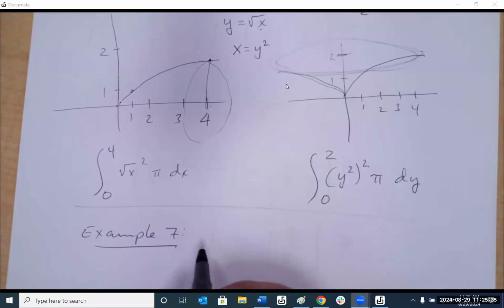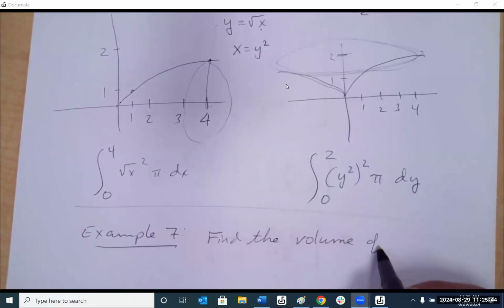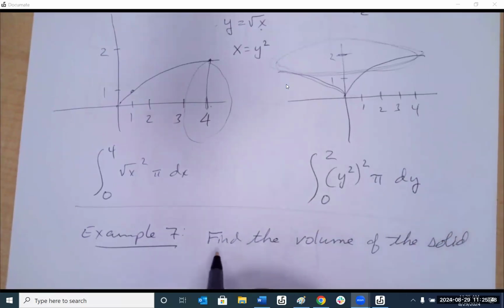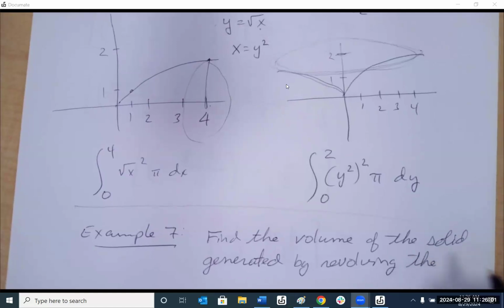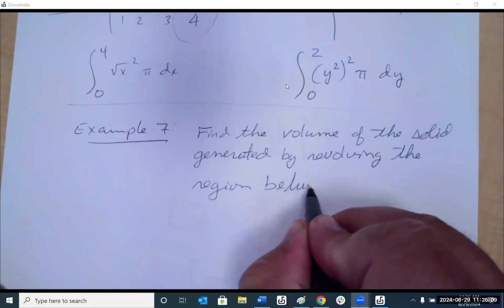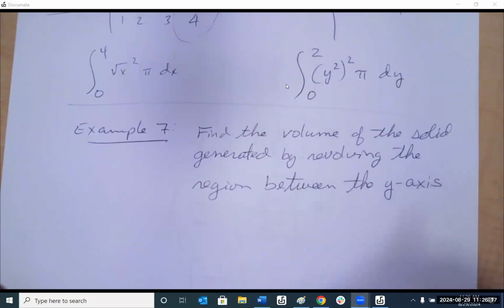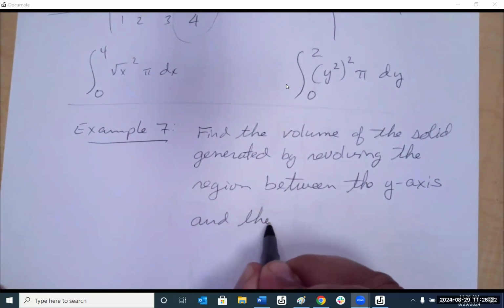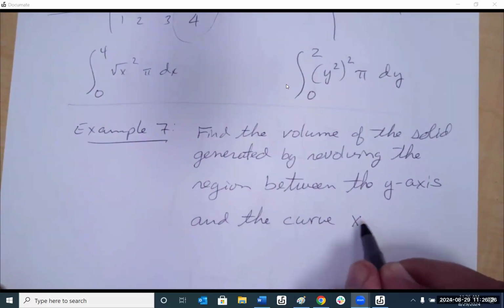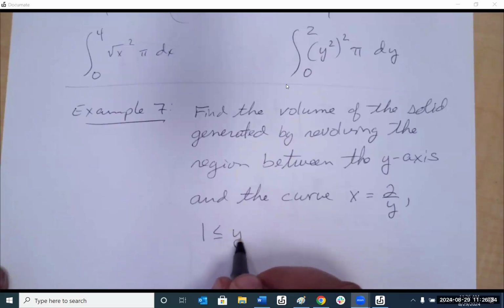Example 7. Okay, it says find the volume of the solid generated revolving the region between the y-axis and the curve x equals 2 over y, where y ranges from 1 to 4.